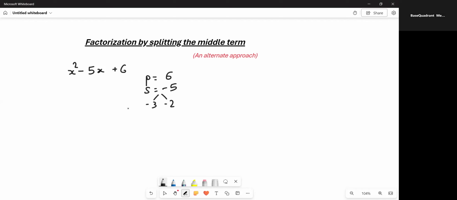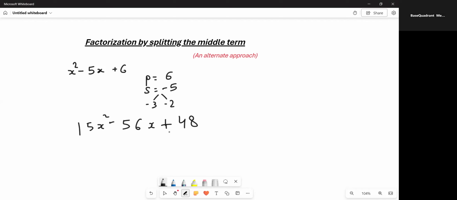The problem with that is sometimes you're under pressure, your brain doesn't work well, so you're not able to think and find the numbers. Especially if you're dealing with bigger numbers like 15x squared minus 56x plus 48.